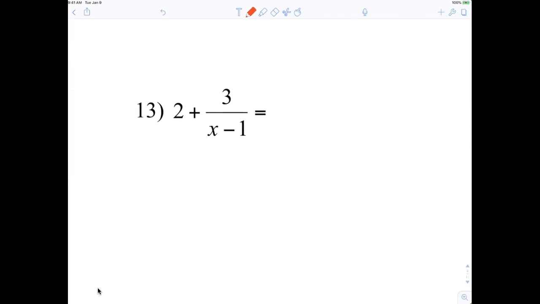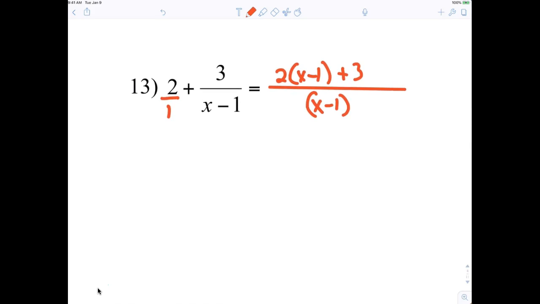So it's 2 over 1. Good. So the common denominator is? X minus 1. So far, so good. So then you have to do 2 times x minus 1, plus 3. Perfect. And then it would be 2x minus 2 plus 3. Good job so far.